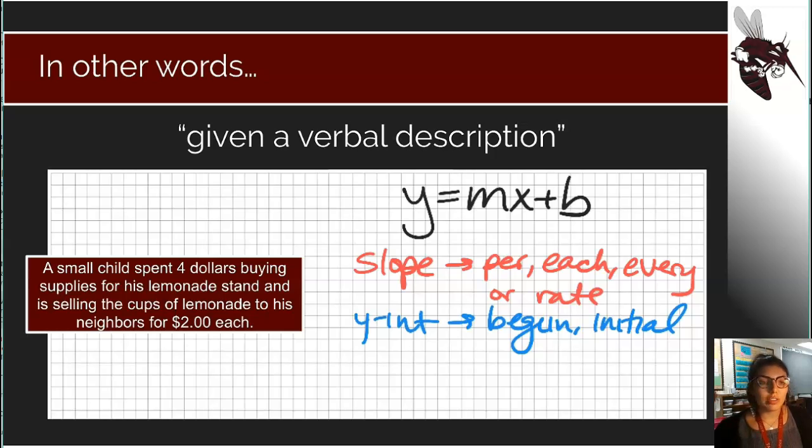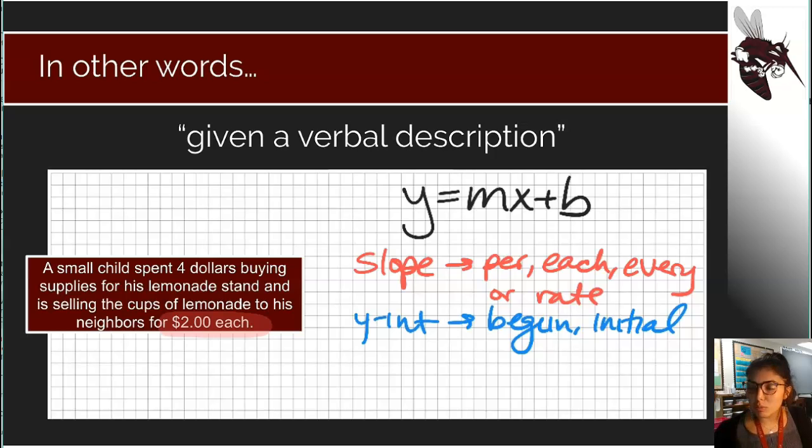Okay, so this scenario says a small child spent $4 buying supplies for his lemonade stand and is selling the cups of lemonade to his neighbors for $2 each. So the keyword I physically see right here is each, which is going to help me know that that is my slope, $2 each. That's what I'm going to use as the m, 2 or $2.